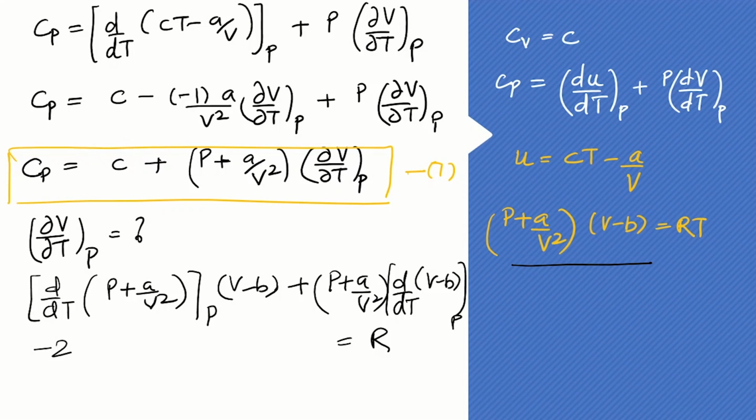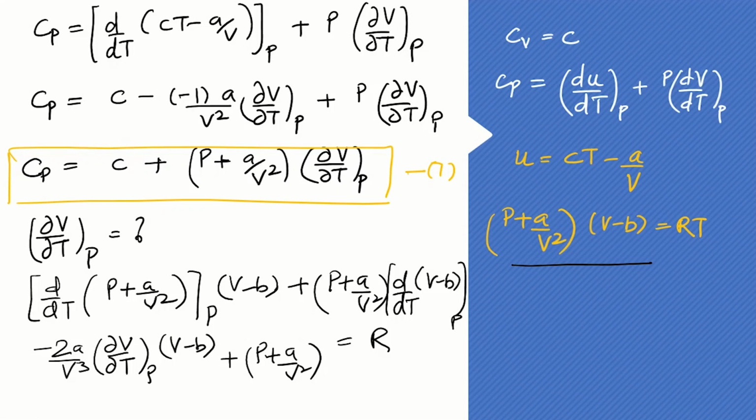This will be minus 2A over V cube del V by del T at constant pressure, and this is (V minus B), plus (P plus A over V square) del V by del T at constant pressure, which is equal to R.